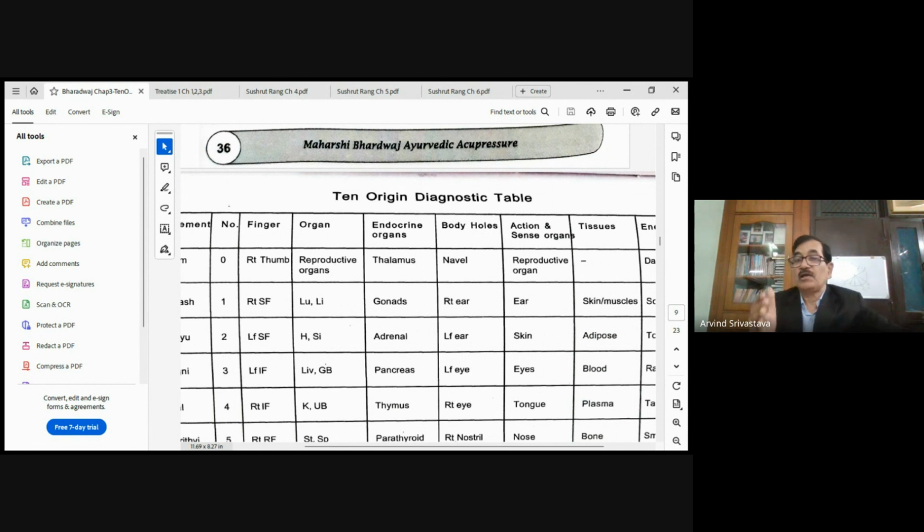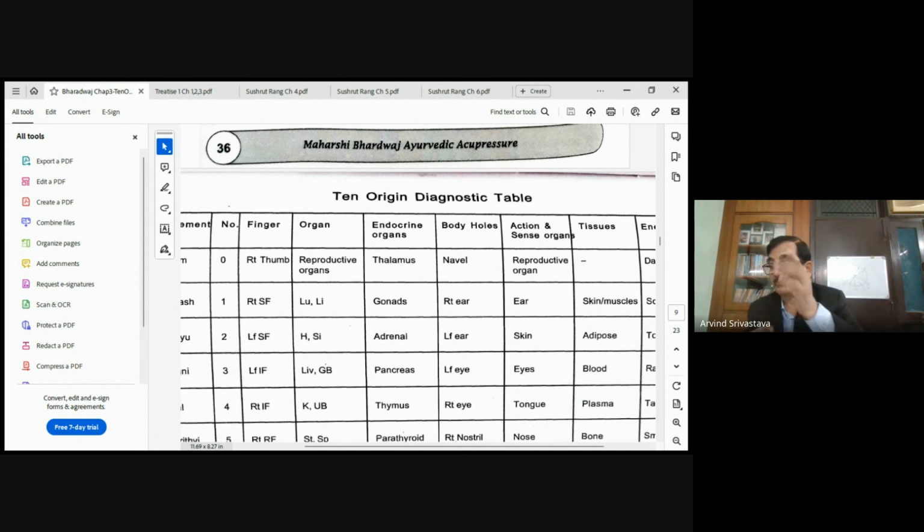So first, for Akash, who is responsible for sound energy, to take that energy? That is only the ear. So the ear is kept in finger number 1 with Akash. For sound energy, we need the ear. For touch energy, we need skin.